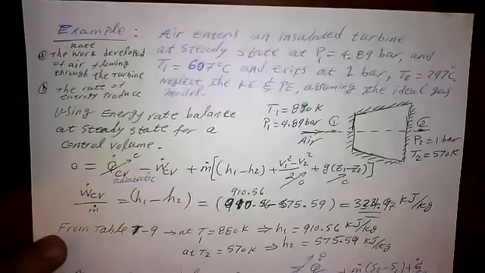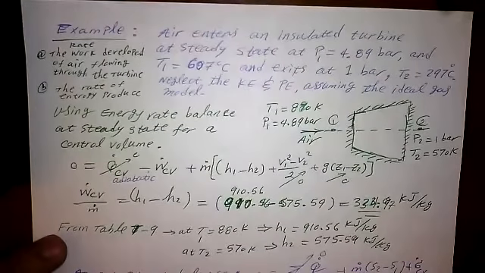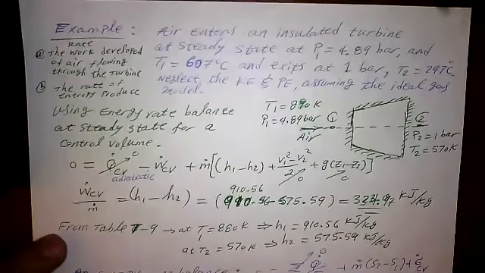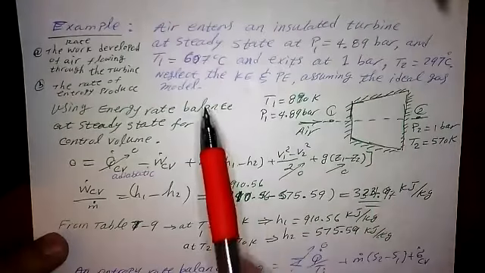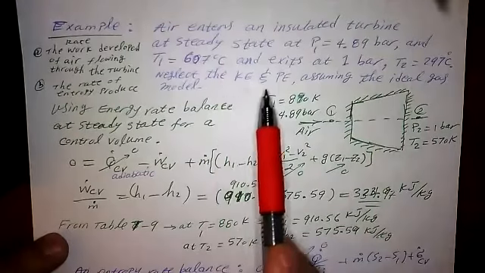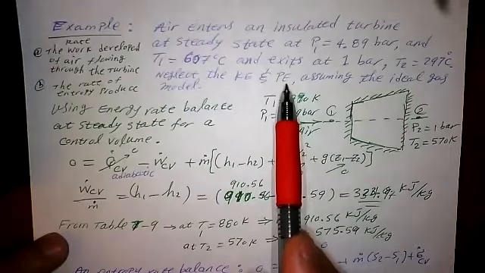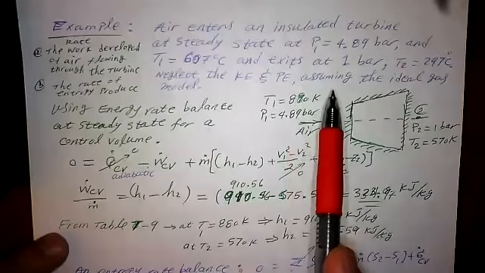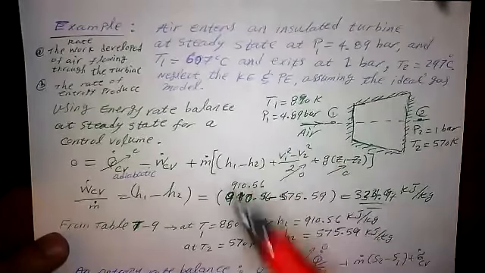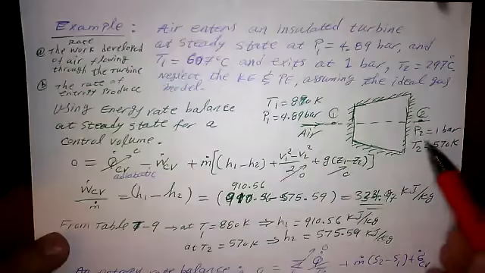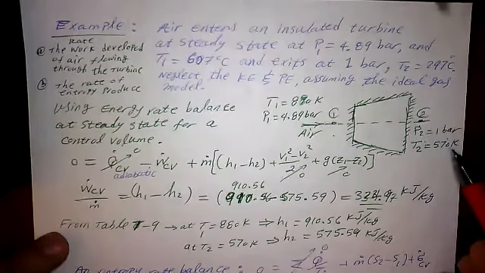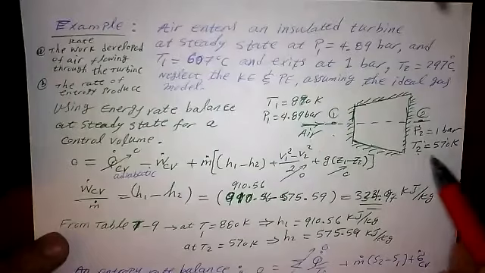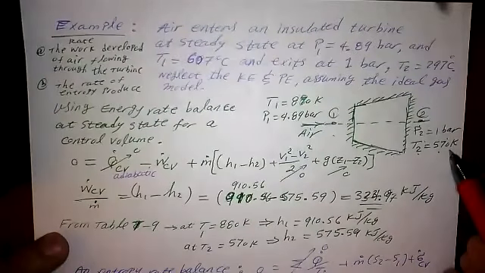No heat transfer. So we have an insulated turbine at steady state at P1 equals 4.89 bar and T1 equals 607 degrees C, and the exit condition is a pressure of 1 bar and a temperature of 570 Kelvin.